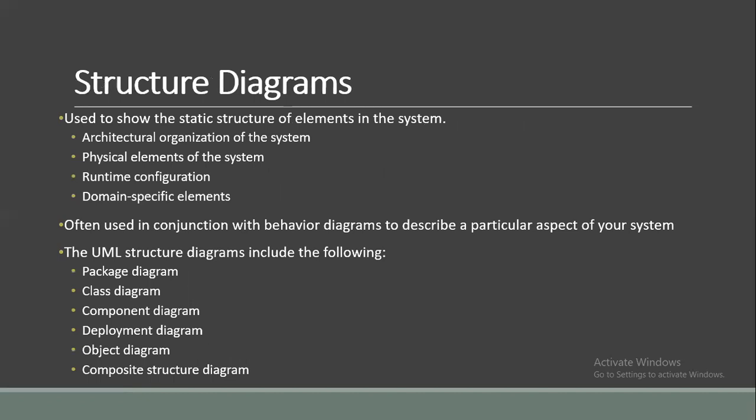When it comes to the structure diagrams, we basically try to represent the structure of the elements in the system. Usually, this covers the architecture of the system and how the physical elements are placed in the system, and in some cases different runtime or network related configurations, and then the domain specific elements.